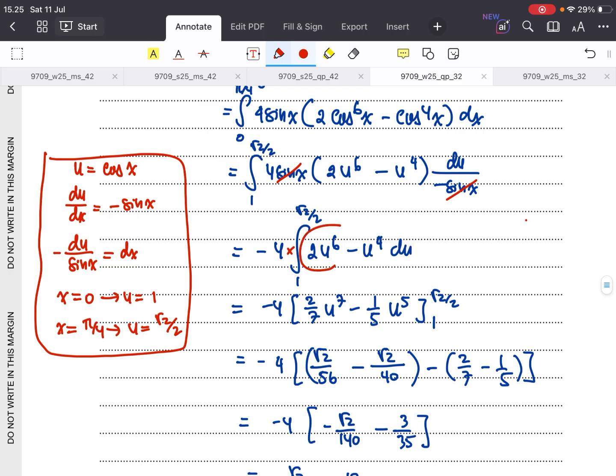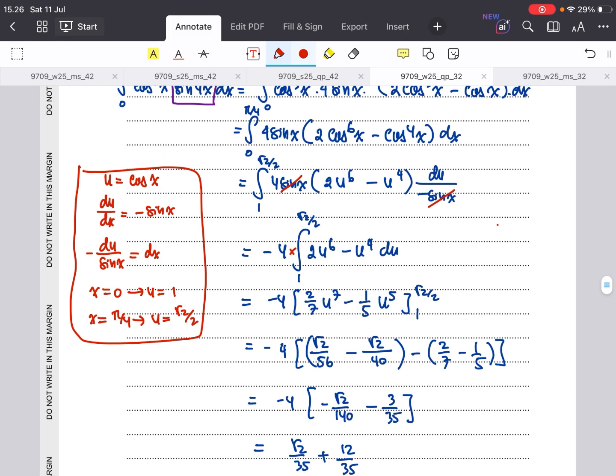So the integral of 2u to the power of 6 du, integration with respect to u is this, and integration of this is this one. And then now, this value is obtained when we replace the u with square root of 2 over 2, while this one is obtained when we replace the u with 1.